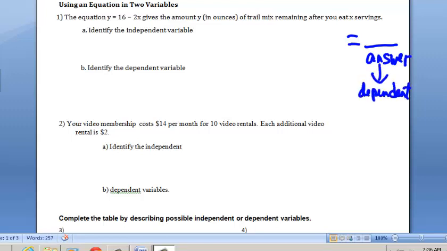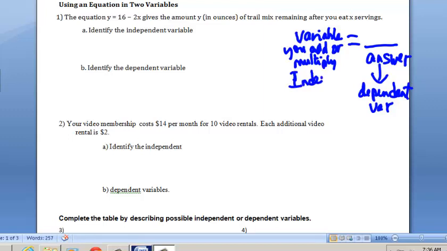And these here, the variables that you multiply or add, whatever you do on this side, these are the independent variables. That's how you can remember. So remember this equal sign. Everything or the answer that is on this side is your dependent variable.